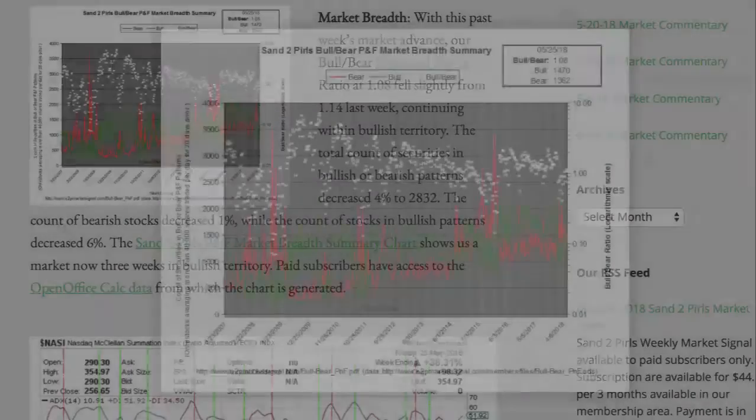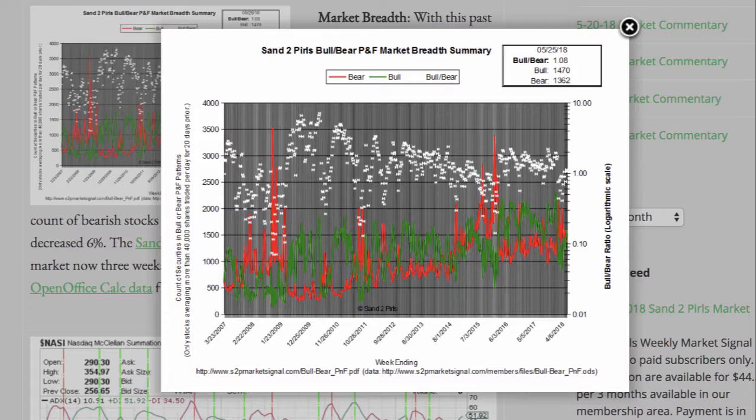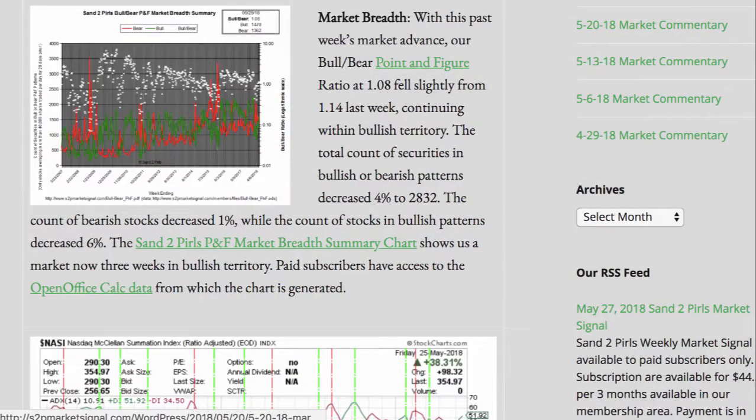2018. Market breadth. With this past week's market advance, our bull-bear point and figure ratio at 1.08 fell slightly from 1.14 last week, continuing within bullish territory.